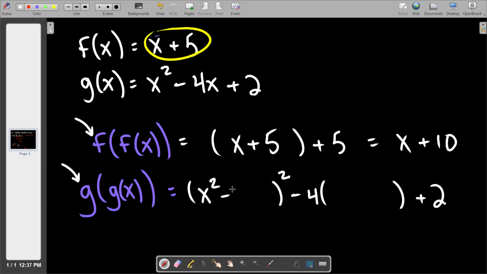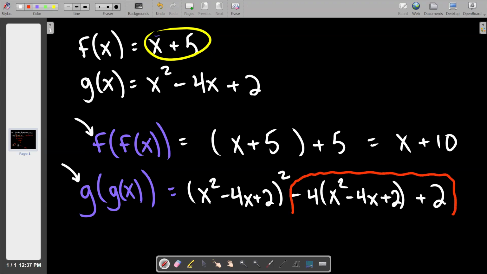X squared minus 4x plus 2, and then x squared minus 4x plus 2. Everything in the red box is beneath you. That is 8th or 9th grade difficulty at worst. So that's not a concern. That's just low-level distribution. It's the other stuff that can get a little bit gnarly.